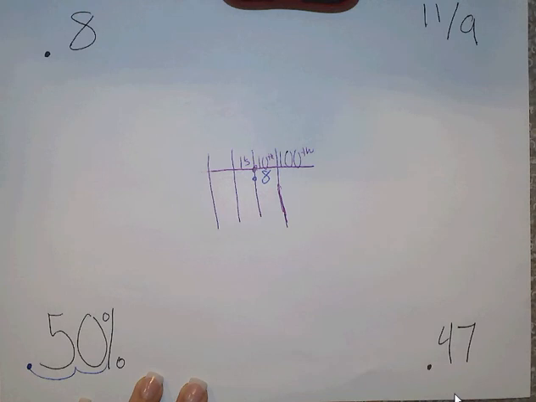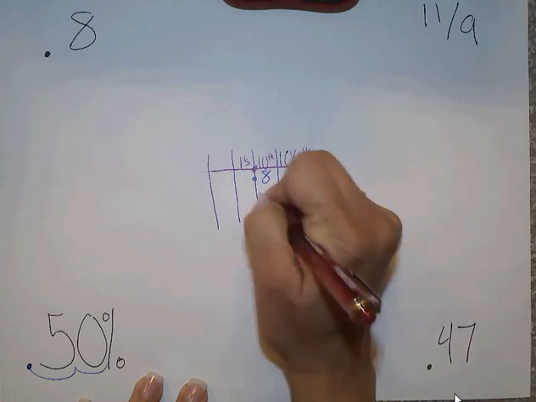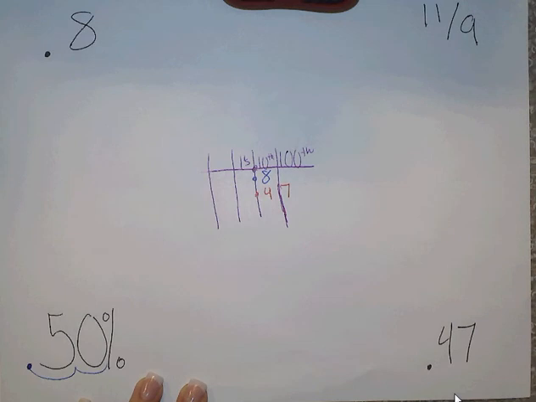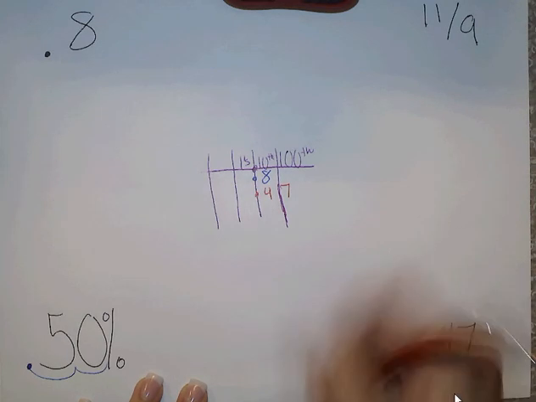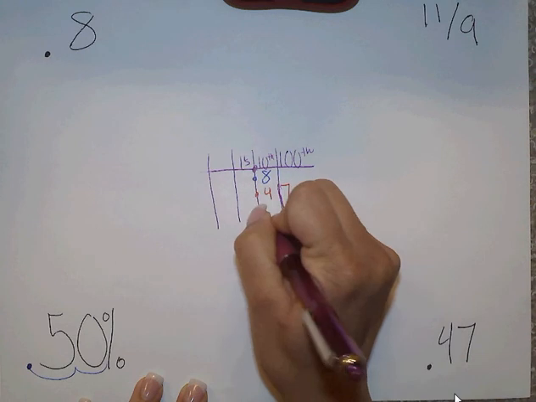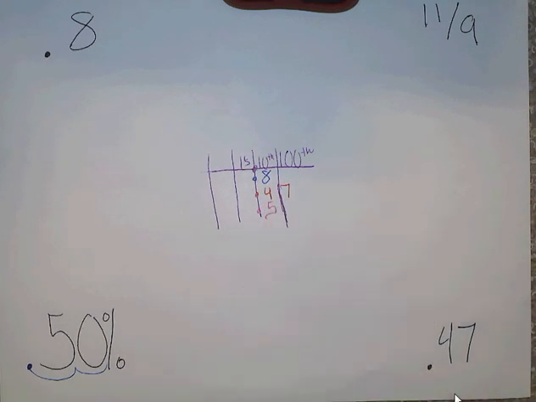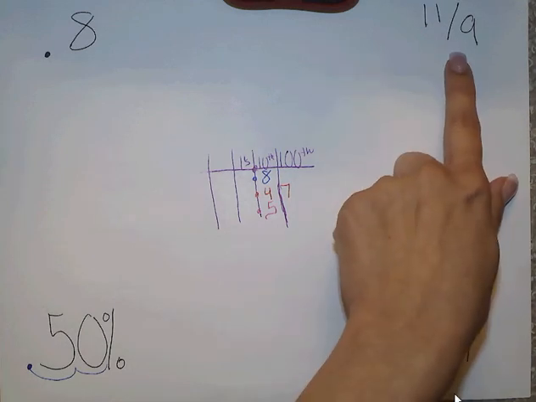So right now we have 0.8, right? We also have 0.47, and then we have 0.5. Last thing I've got to do is, what kind of fraction is this?